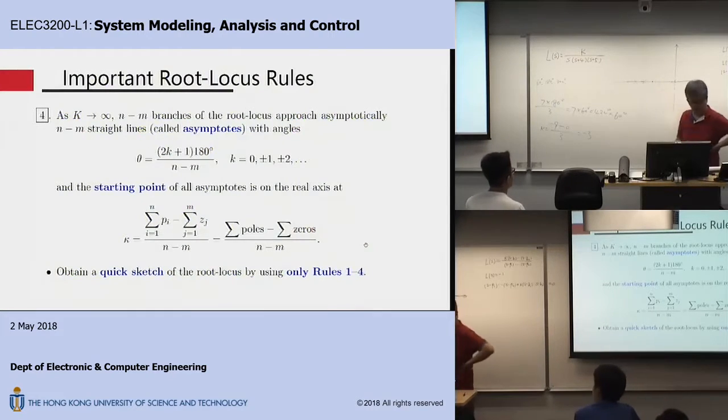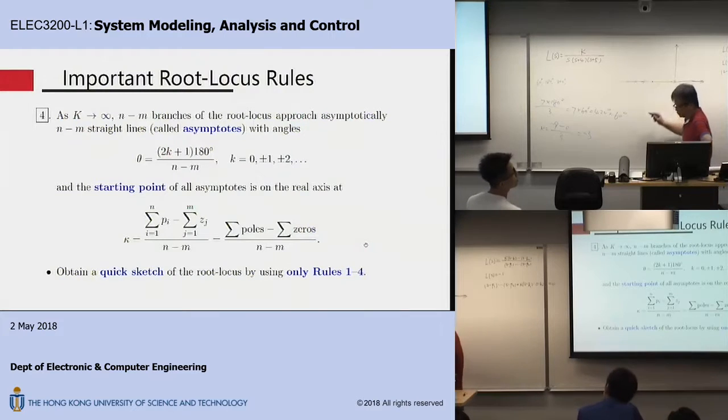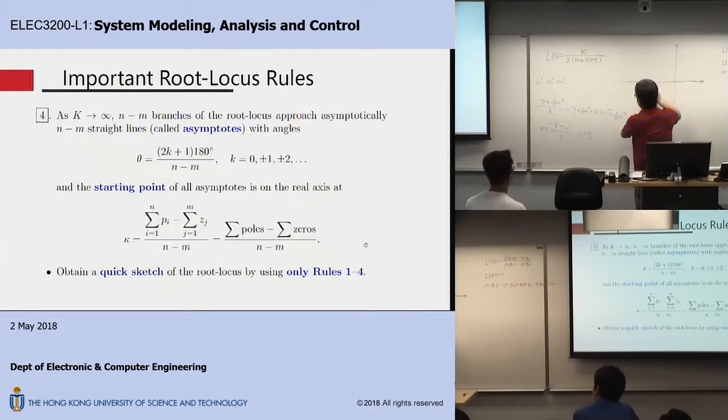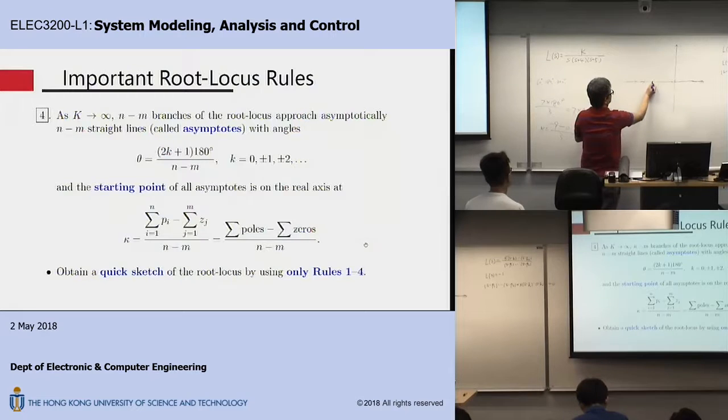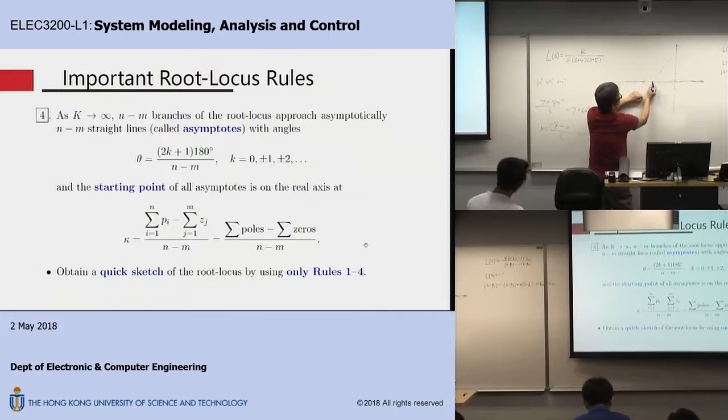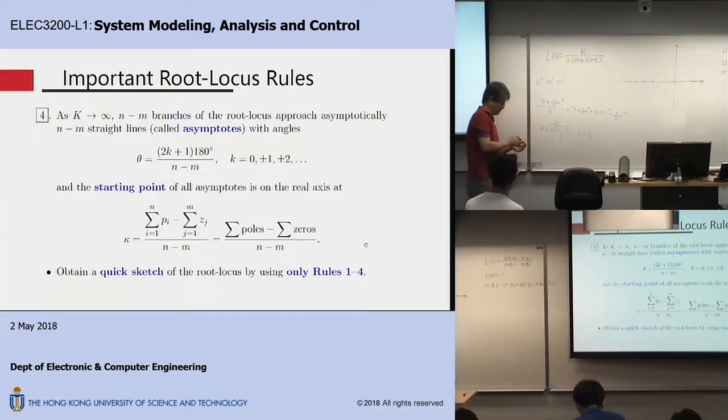This is the starting point of the asymptotes. We draw the asymptotes, okay? One in that direction, 60 degrees, and 180 degrees is this another one. Now we've got the asymptotes.